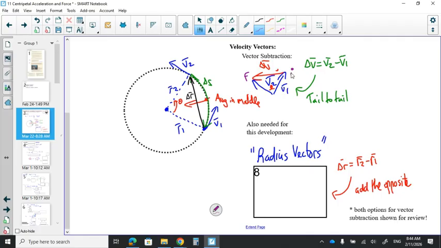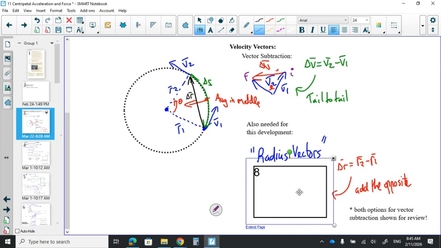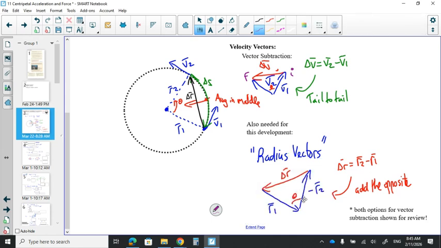With the radius vectors, we're going to add the opposite. We have R1 and R2, so we're going to have R2 added to the opposite of R1. We get the same idea.